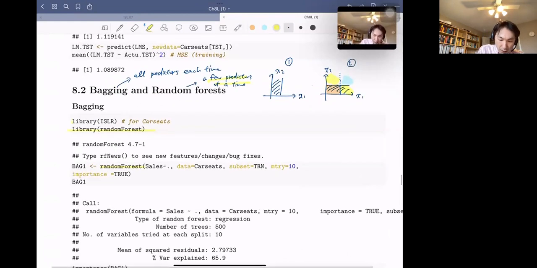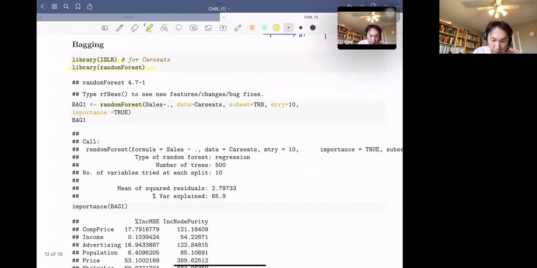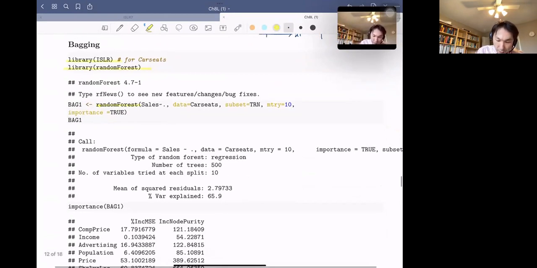So we use the Carseats data in the ISLR package. We need these two packages. The code for bagging or random forests is randomForest, the response variable, tilde, the predictor variables, and then the data set. We can also use a subset of the data set; that is one option.